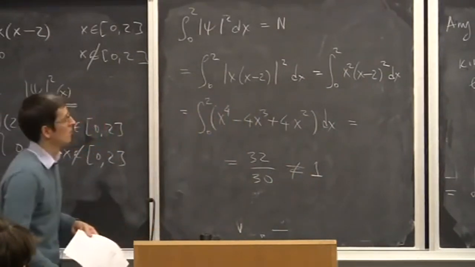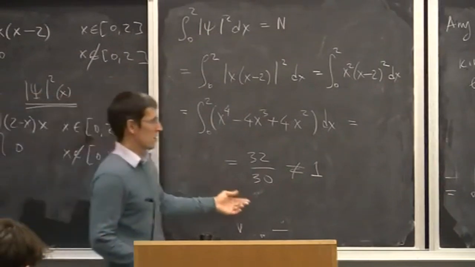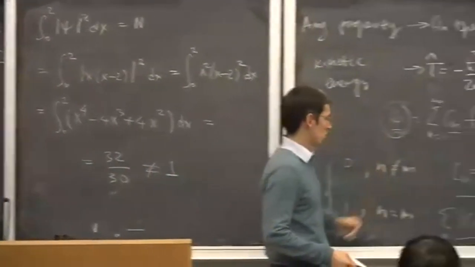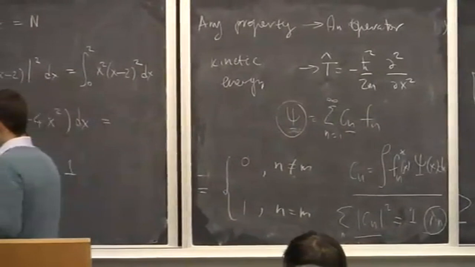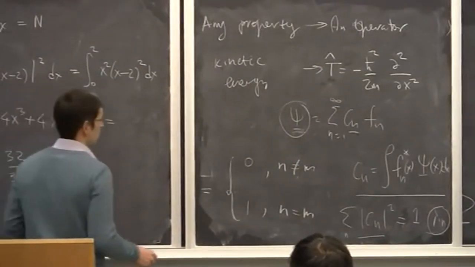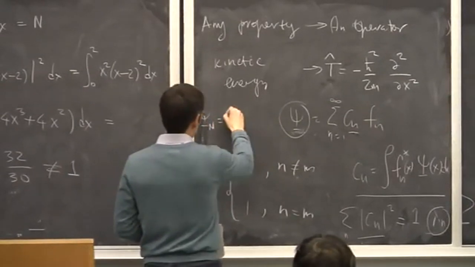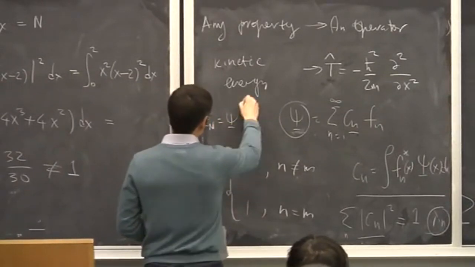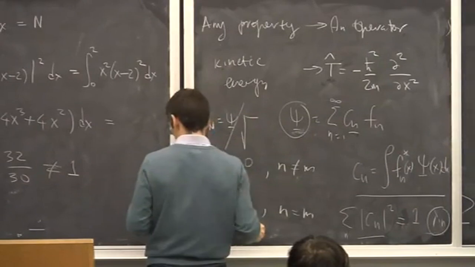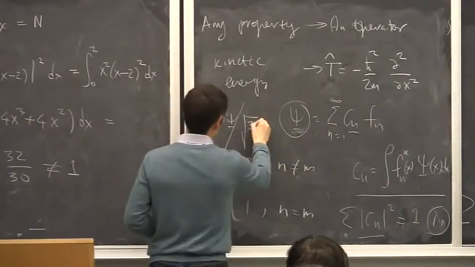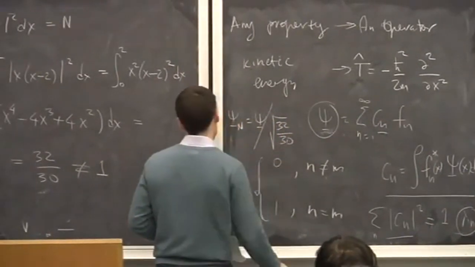That means we need to normalize the function in order to proceed in this problem. So the normalized version would be the function divided by the square root of this number, which is 32/30, right?